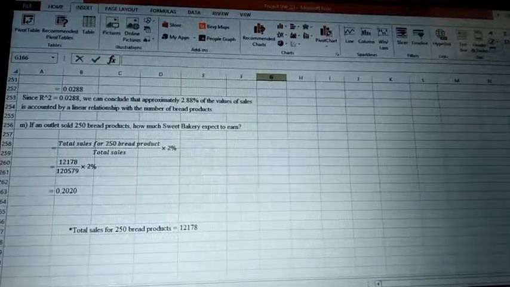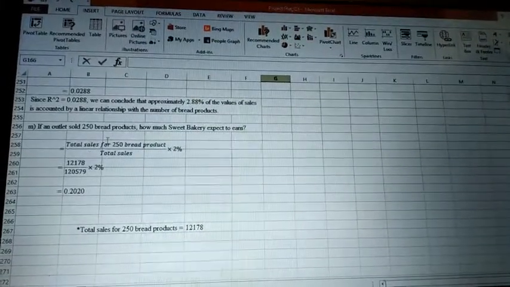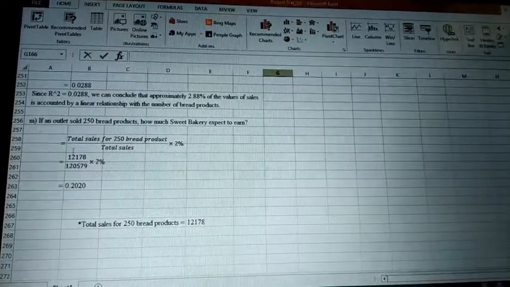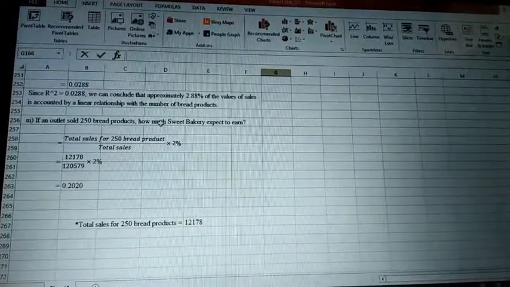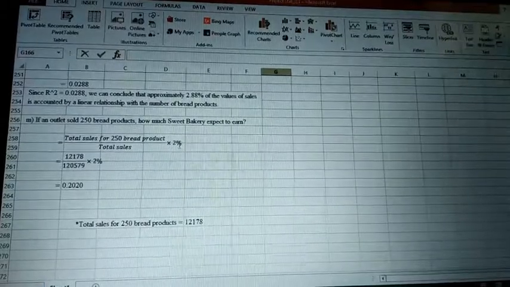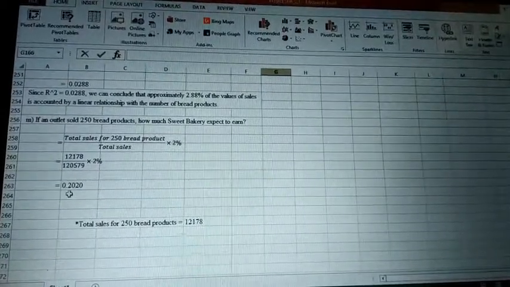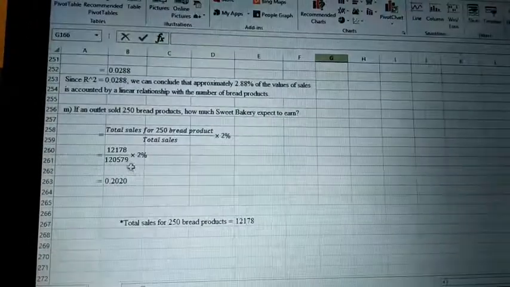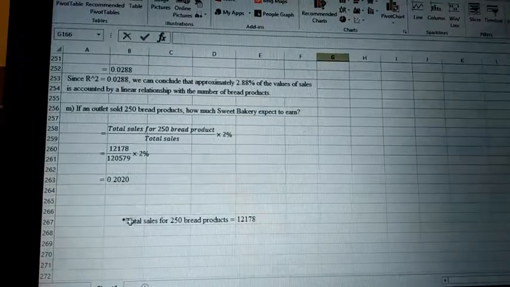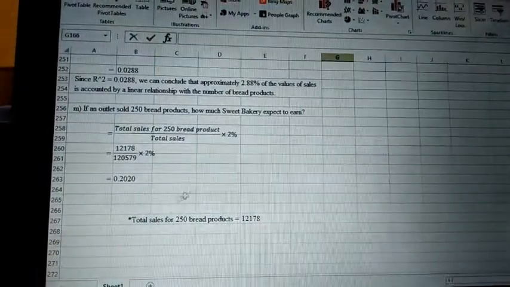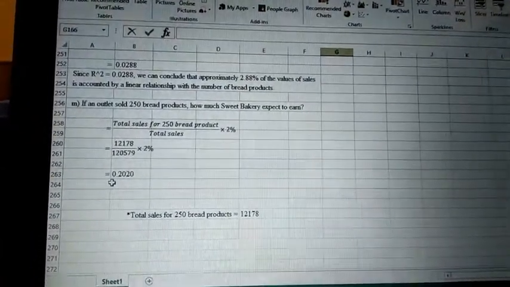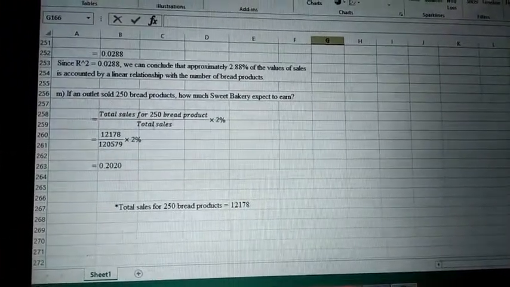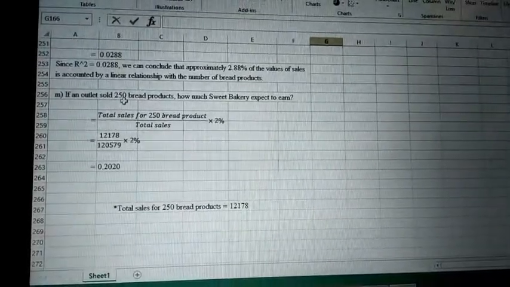So to find the answer, it is total sale for 250 bread products divided by total sale for the whole bread product, multiplied with 2%, and then we calculate and we get 0.2020. So from this, we know that Sweet Bakery will earn 202 ringgit from the wholesale for the sale of 250 bread products.